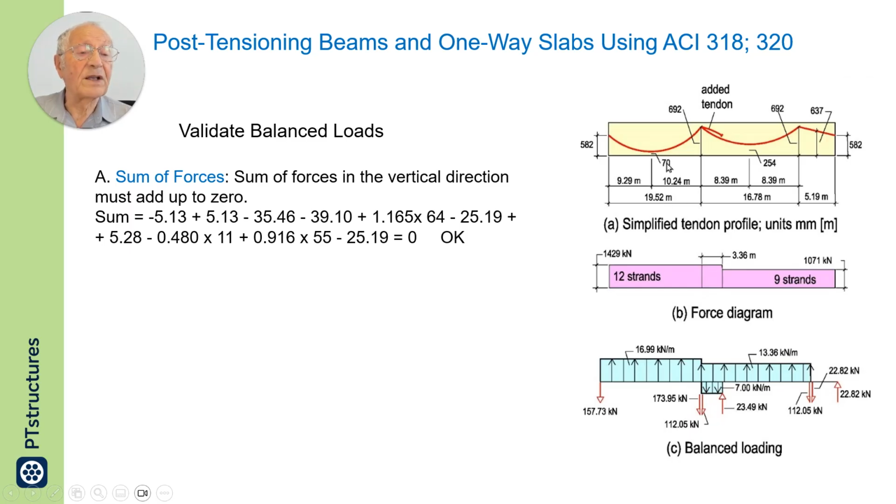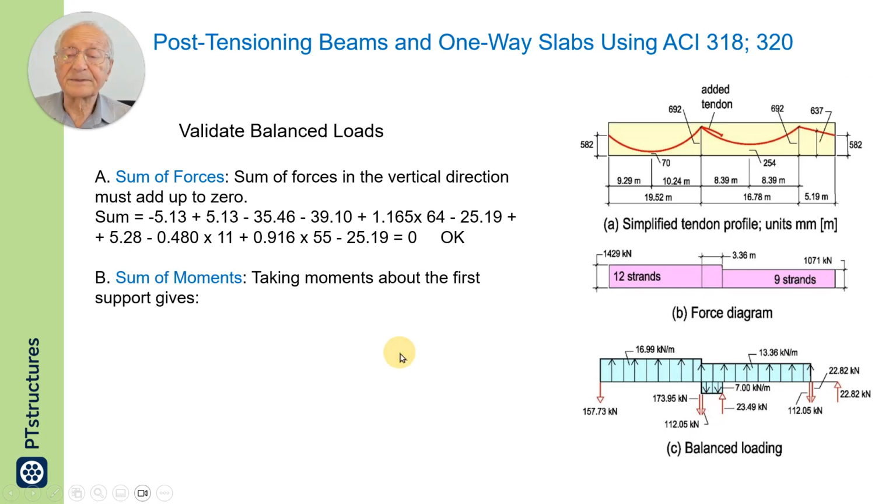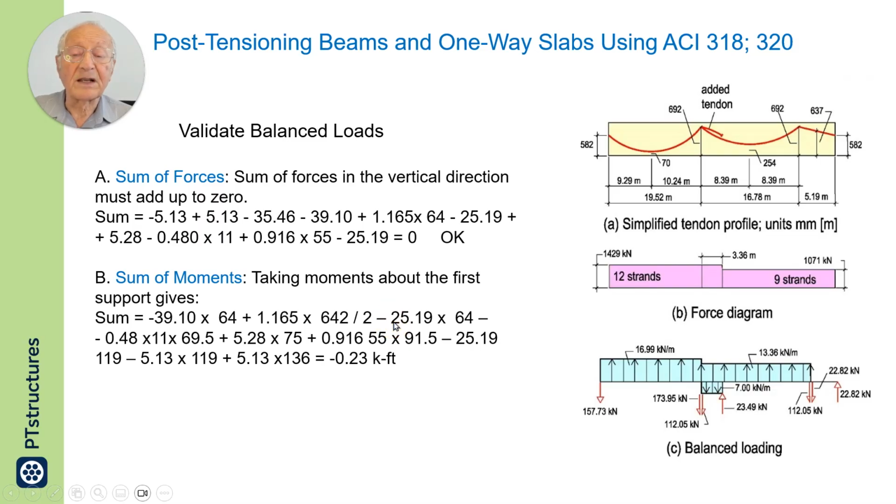representation of this geometry. Some of the moments also, it is up and down forces, but also I take moments about the first support. I take moments of these forces about here, and the moment sum is essentially 0.